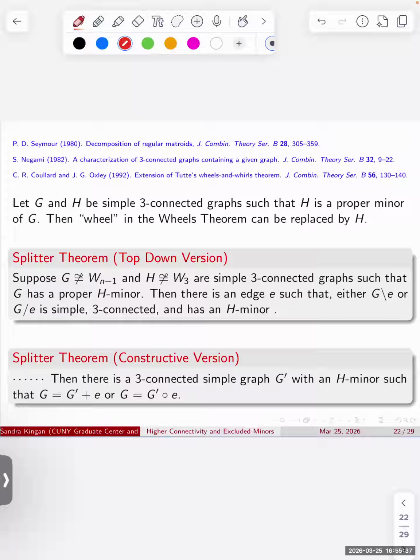And then there was a slight modification of the hypothesis made in Coullard and Oxley's paper, and that's why you have this version. It's called the Wheels and Whirls theorem, actually, because it's a matroid result, but the whirls are not graphs, so we just have the Wheels theorem. All right, I'll pause here while you read this.